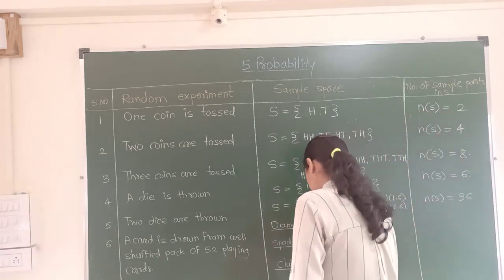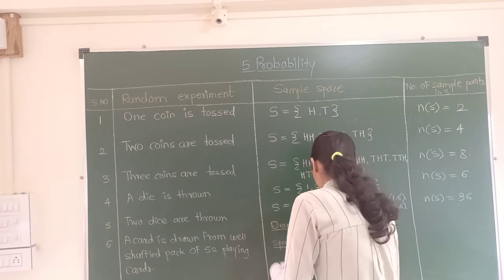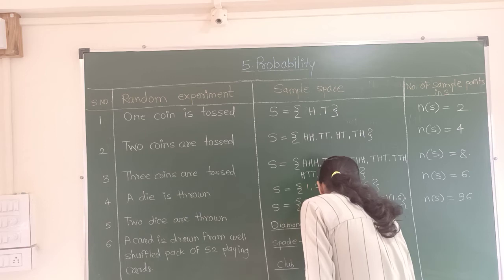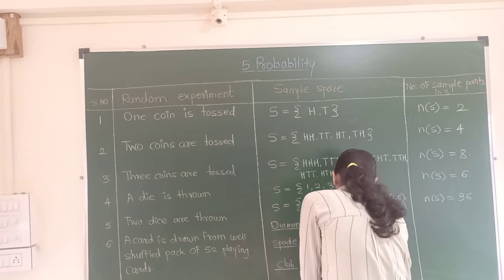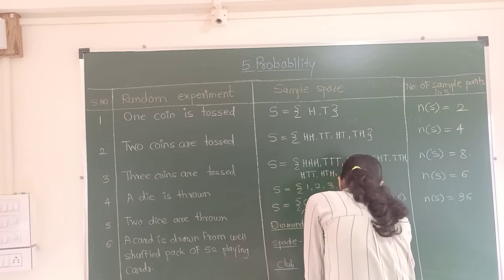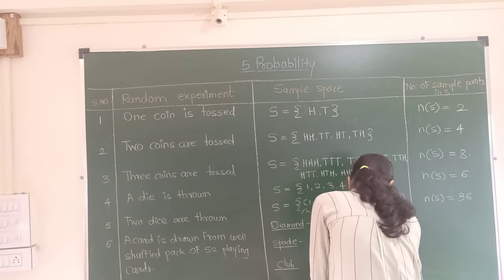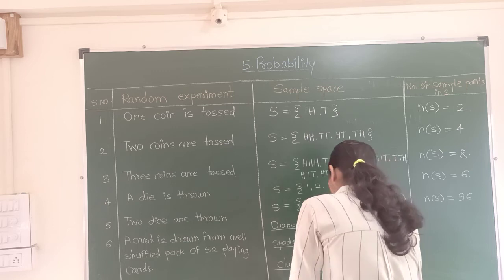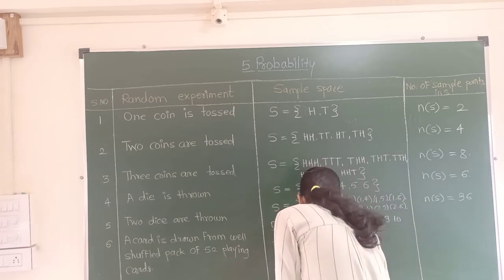First one is the ace, then 2, 3, 4, 5, 6, 7, 8, 9, 10, jack, king and queen.